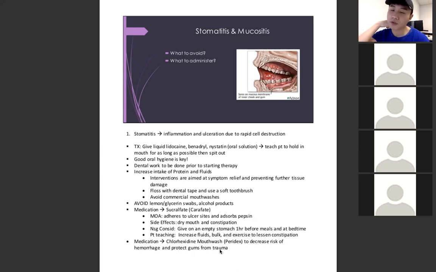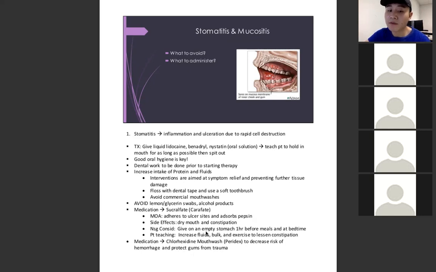So you guys remember sucralfate? Sucralfate is the medication that coats the lining of the digestive system to prevent ulcers inside the digestive system, which can lead to bleeding. Patients receiving chemo are at high risk for that, so that's why we give them sucralfate.